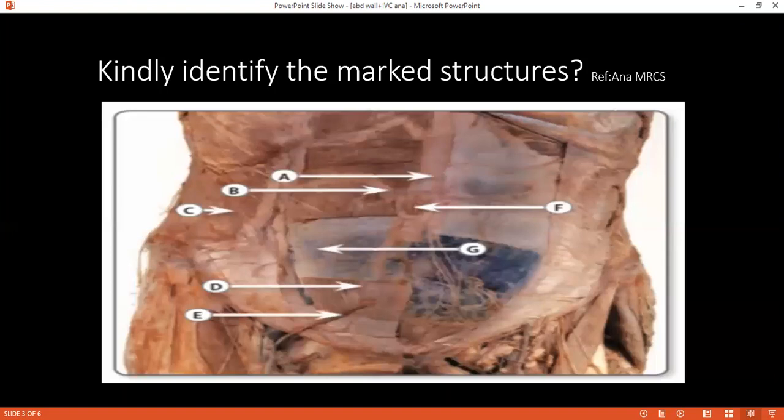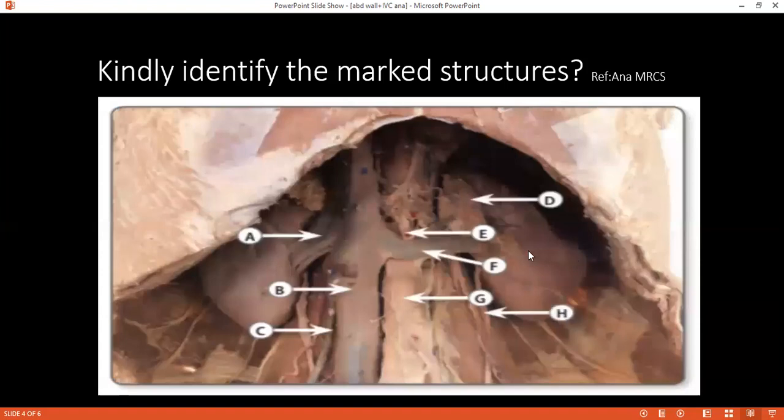Can you identify the structures labeled? Structure A is the right renal vein. Structure B is the inferior vena cava. Structure C is the gonadal vein.